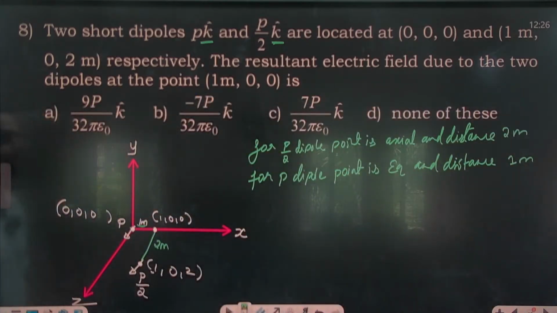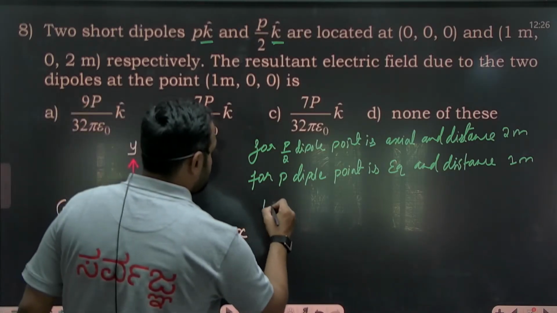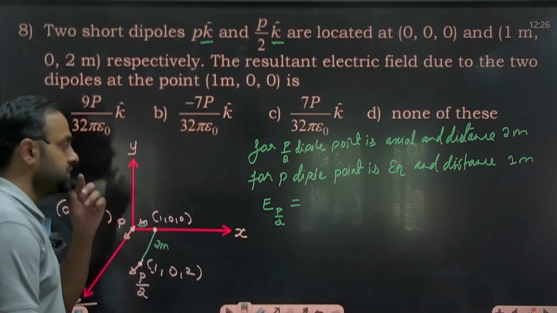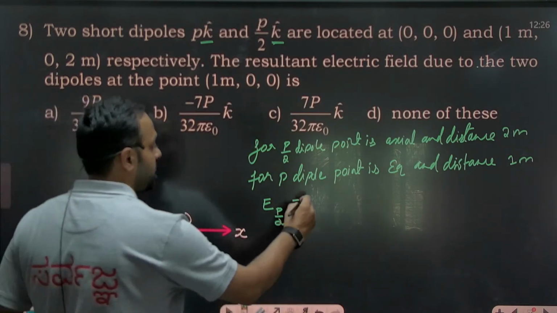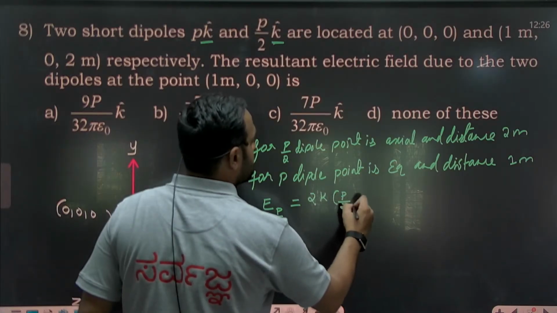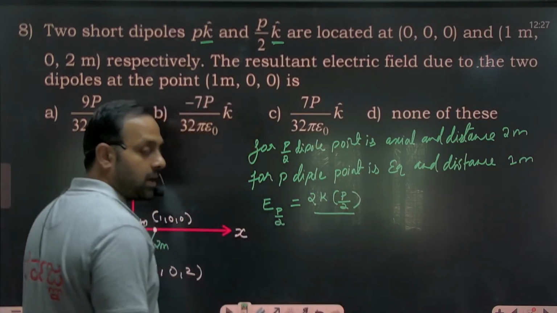Option 2. Okay, let's see. What will be the electric field because of P by 2? Since it is an axial point, it will be 2kp, where p is P by 2, divided by R cube.